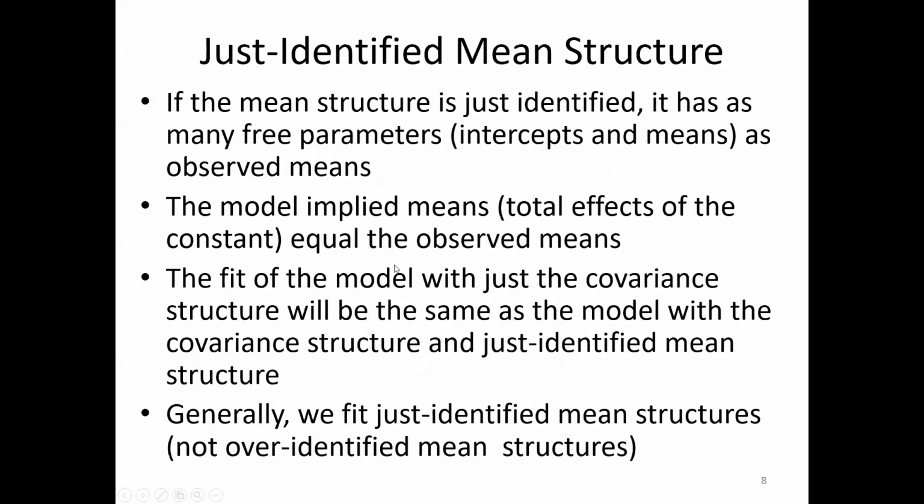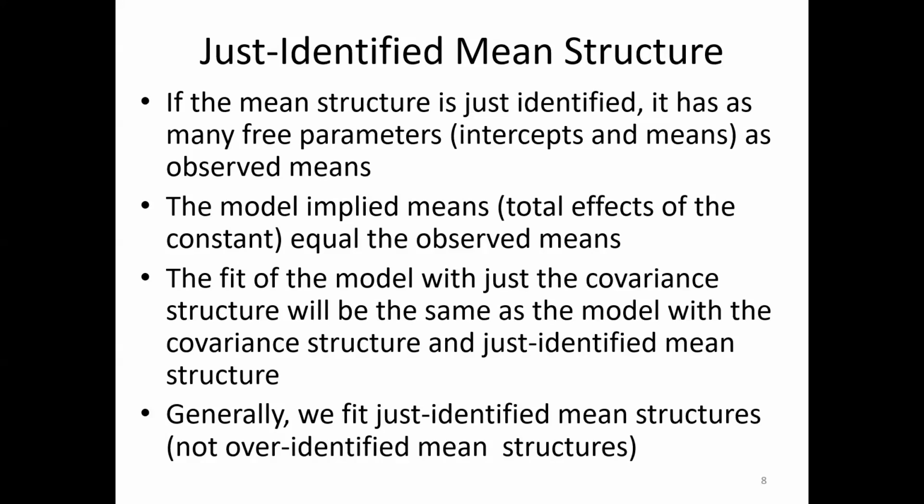All right, and then just a reminder. Whatever we do, any of those strategies that I just described are going to give me a just identified mean structure, right? Because I'm estimating 8 pieces of mean information, and I have 8 pieces of mean information. So in any of those scenarios, the mean structure is not contributing to the misfit of the model at all.